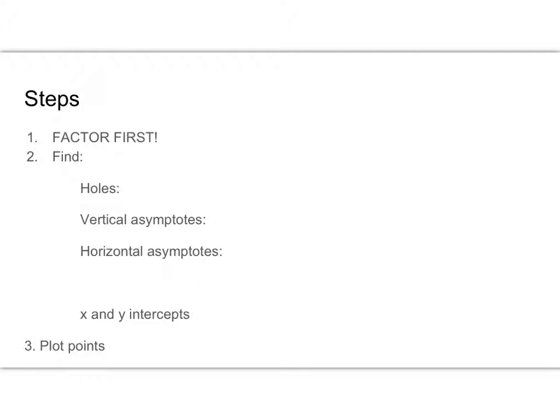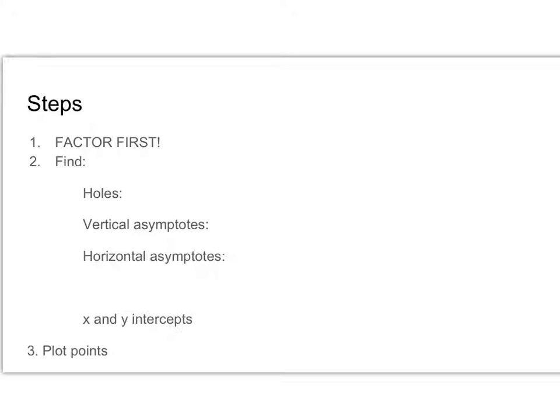All right, the steps for graphing a rational function are to factor first, and then the next thing you want to do is find holes. Holes are where any factors cancel out. So those are found where factors cancel out.